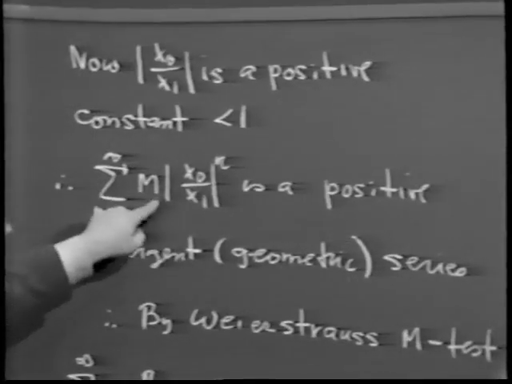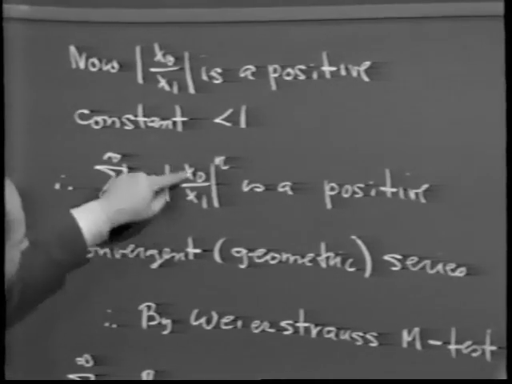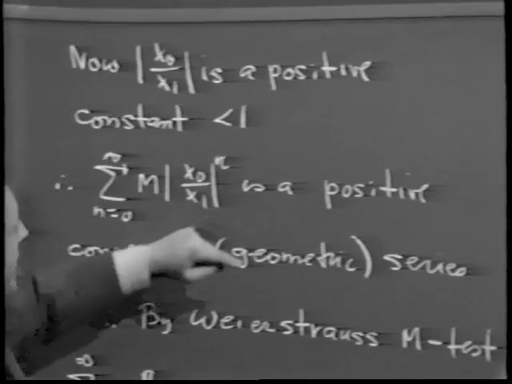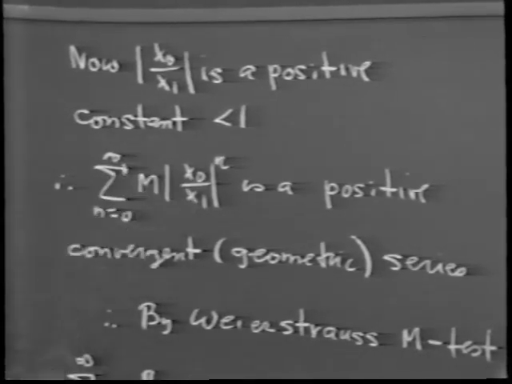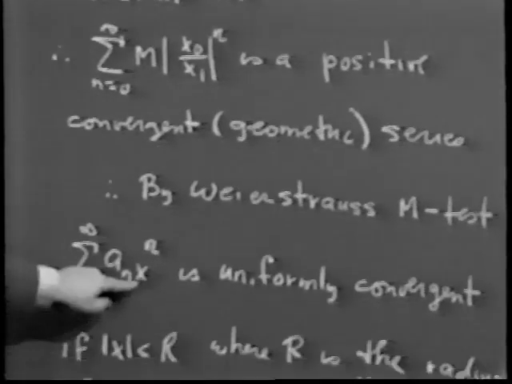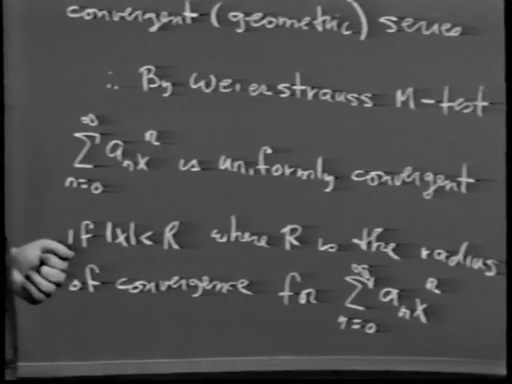Therefore, this is a geometric series whose ratio is x0 over x1. In other words, as you pass from the nth term to the (n+1)st term, in each case you just multiply by x0 over x1, which is a constant. Therefore, by the Weierstrass M test, this given series is uniformly convergent inside the interval of convergence.